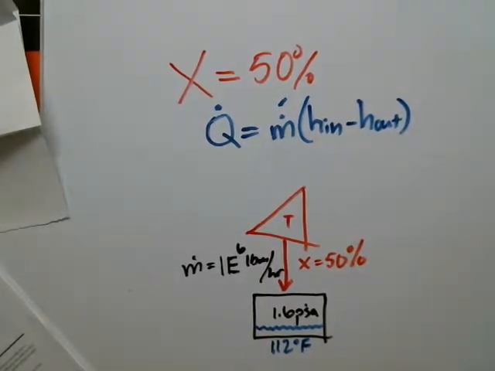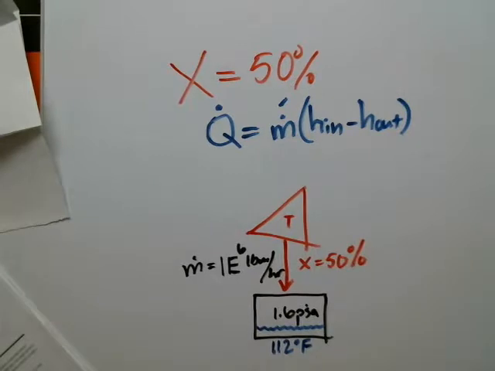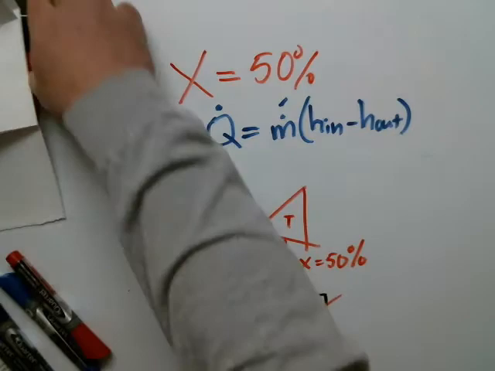That's the change in enthalpy. And this unit would be BTUs per hour. So first of all, I need to go look and see what the saturation temperature is for 1.6 psia to determine if this water in the hot well is subcooled or saturated.